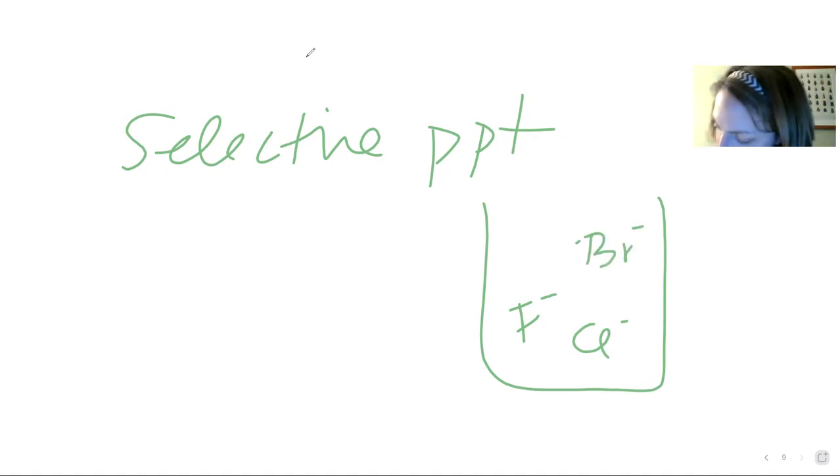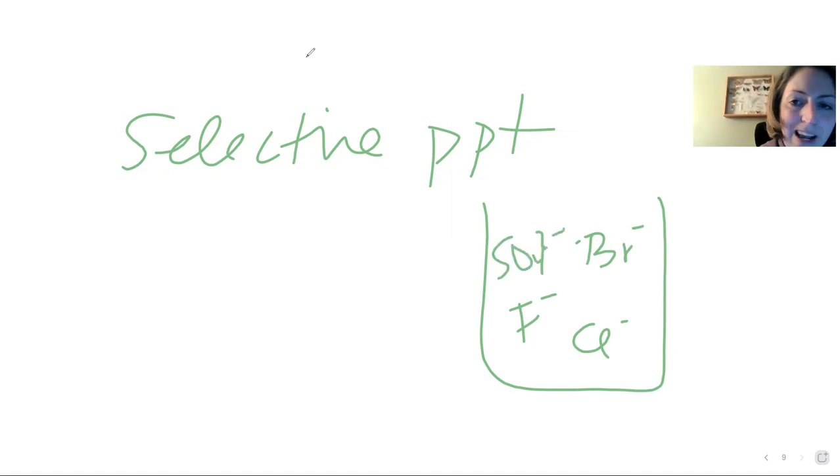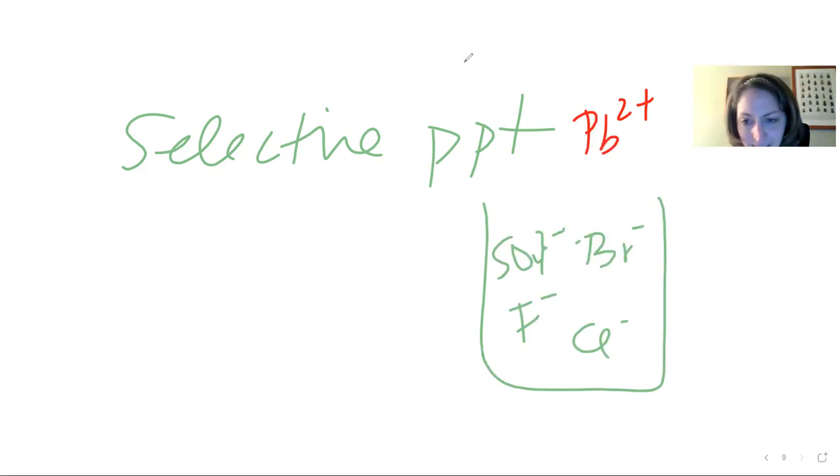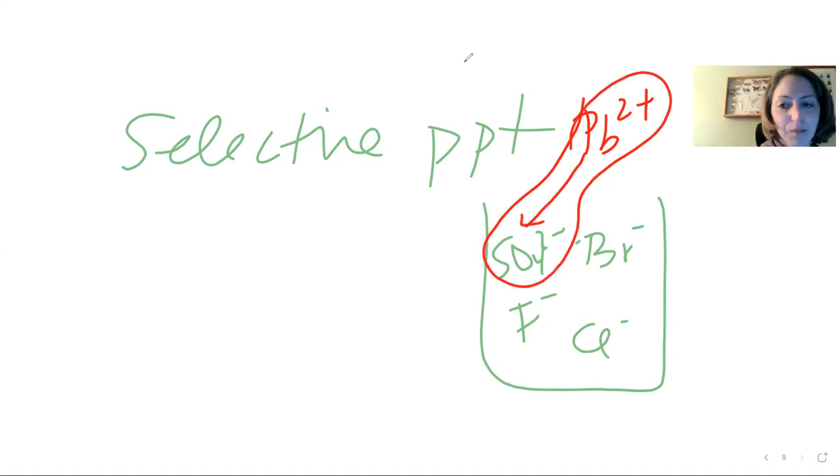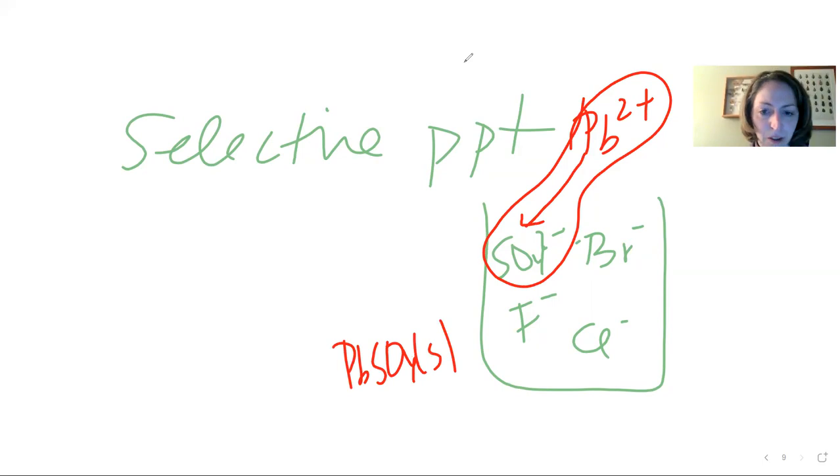Br minus, yep. So you had all these ions floating around in solution, and then you added lead. And guess what? The lead would selectively precipitate out one precipitate at a time. When the lead hooked up with the sulfate, that was the first one to precipitate out. So then you had all this lead sulfate, and if you wanted to, you could stop and filter the lead sulfate, and then the sulfate would be gone.